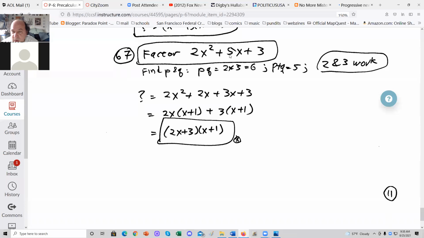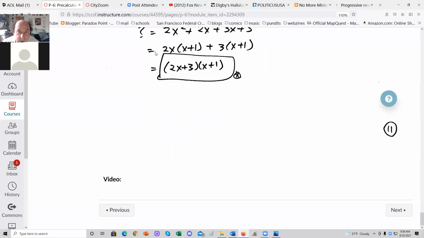So write this 5x as 2x plus 3x. 2x squared plus 2x has a common factor of 2x times x plus 1. 3x plus 3 has a common factor of 3 times x plus 1. Pull out the common factor of x plus 1, leaving 2x plus 3, and we get 2x plus 3 times x plus 1. All right, and that concludes that part.